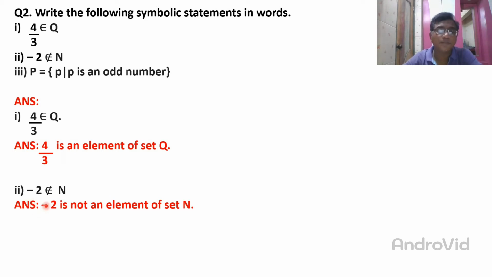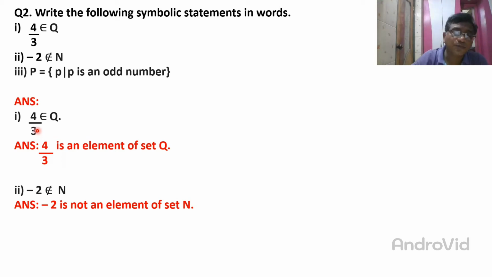So see here, minus 2 is not an element of set N. Here N means natural numbers. So you can also say minus 2 is not a natural number. The same meaning is there. Okay, minus 2 is not a natural number. It is written minus 2 does not belong to natural numbers. Whatever is given, you can write it in such a way: minus 2 does not belong to natural numbers.